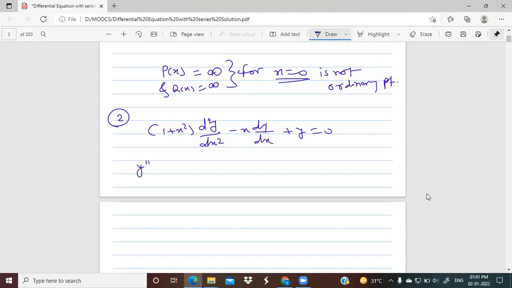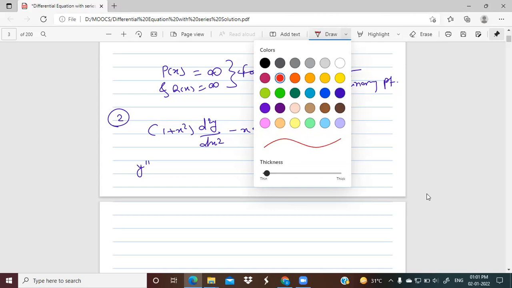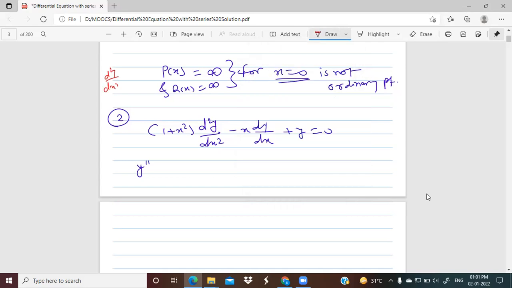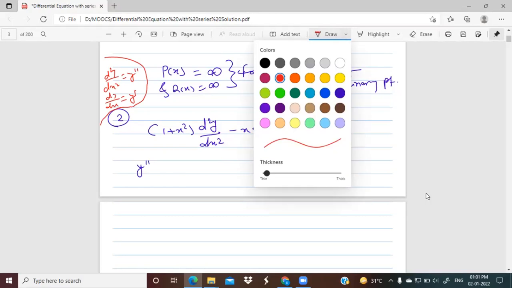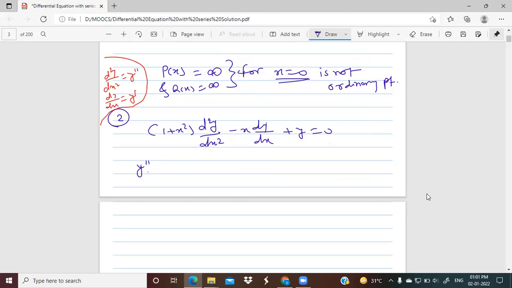I will write y double prime for d2y by dx2 and y prime for dy by dx. Then y double prime minus x divided by 1 plus x square into y prime plus 1 divided by 1 plus x square into y is equal to 0.